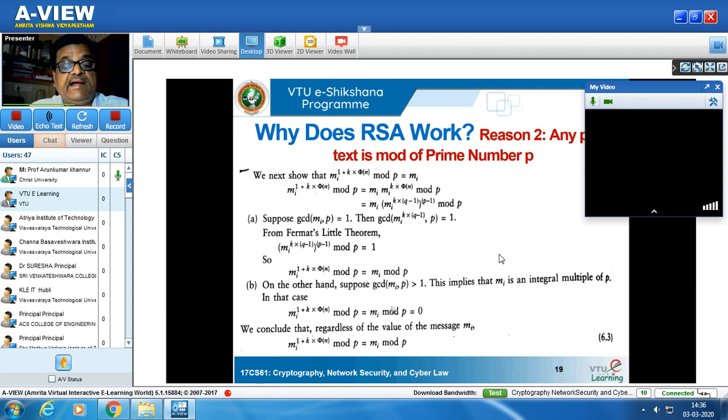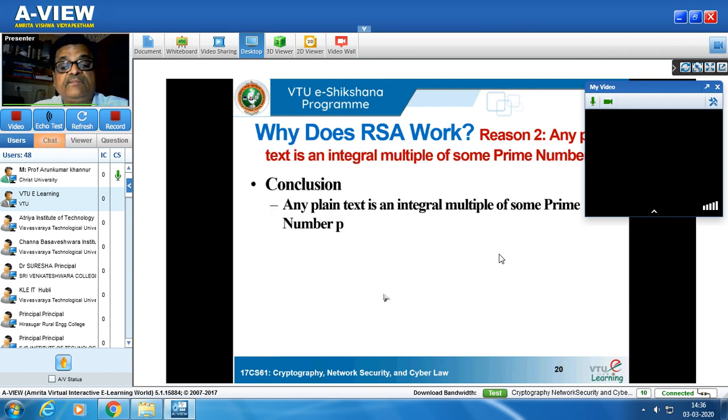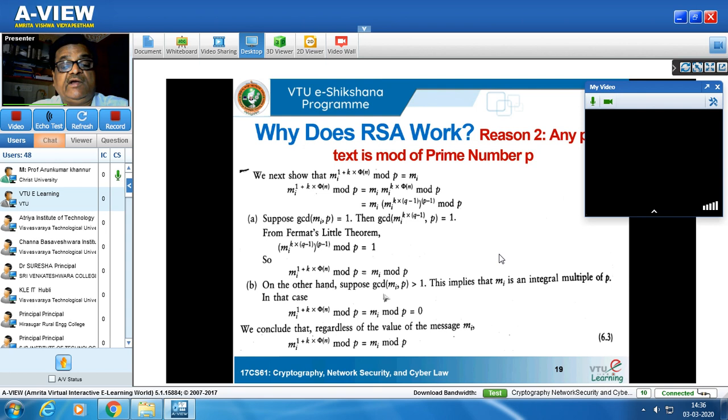On the other hand, suppose that GCD of m_i comma p, the value of the message block i, represented as m_i, and the prime p, is greater than 1. This implies that m_i is an integral multiple of p.